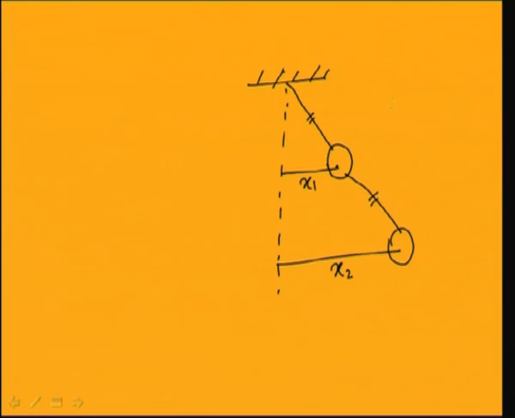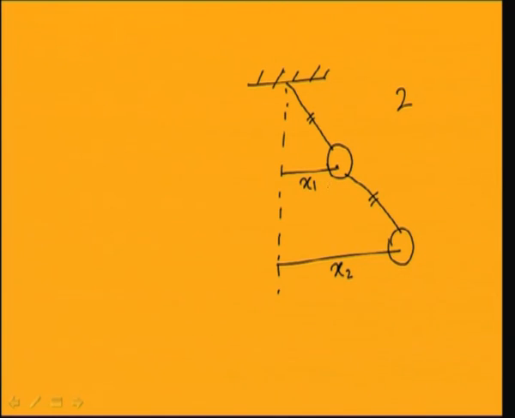So I will have two constraint equations, that is, the length of this is constant and the length of this is also constant. So x1 and y1 are also related, and x2 and y2 are also related.